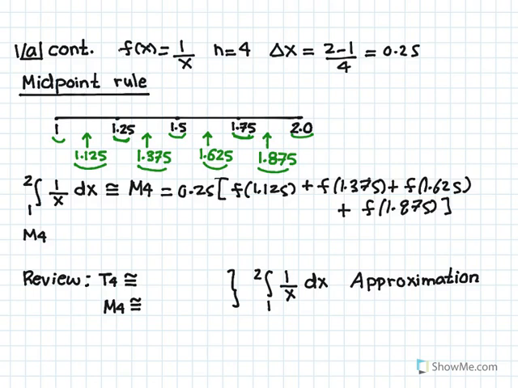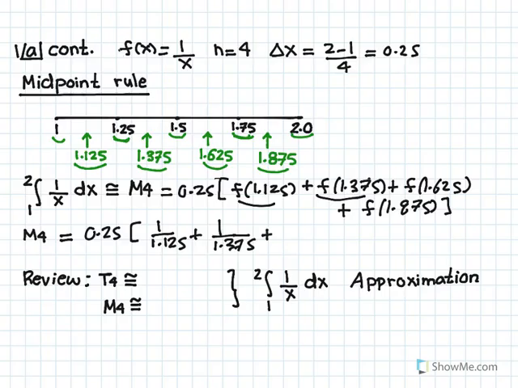Okay, let's calculate these. M4 is equal to 0.25 times 1 over 1.125 plus 1 over 1.375, because f of x is 1 over x, plus 1 over 1.625, plus 1 over 1.875, and if we put this into a calculator, we will get 0.69122.